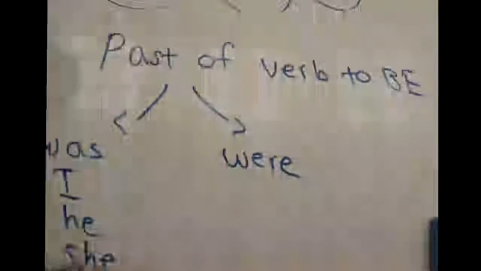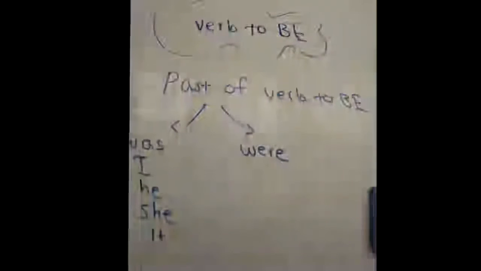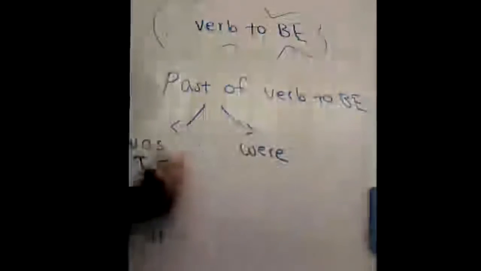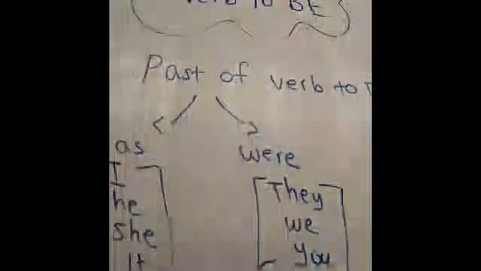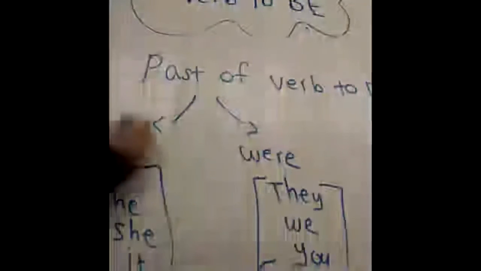When it comes to was, the subject will be I, he, she, it. But when it comes to were, it will be they, we, and you. Alright, so you really need to be careful on this.